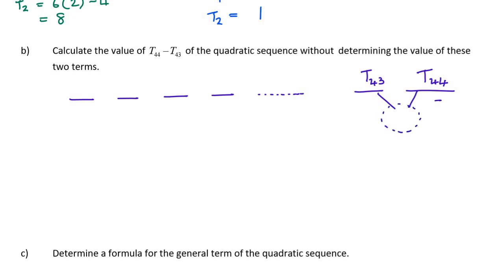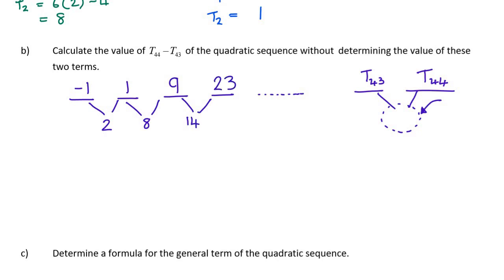Now so far I know that this is negative 1, this is 1, then my first difference is 2, this is 8, so this is 9. And I could keep on going. This is 14, so this is 23.